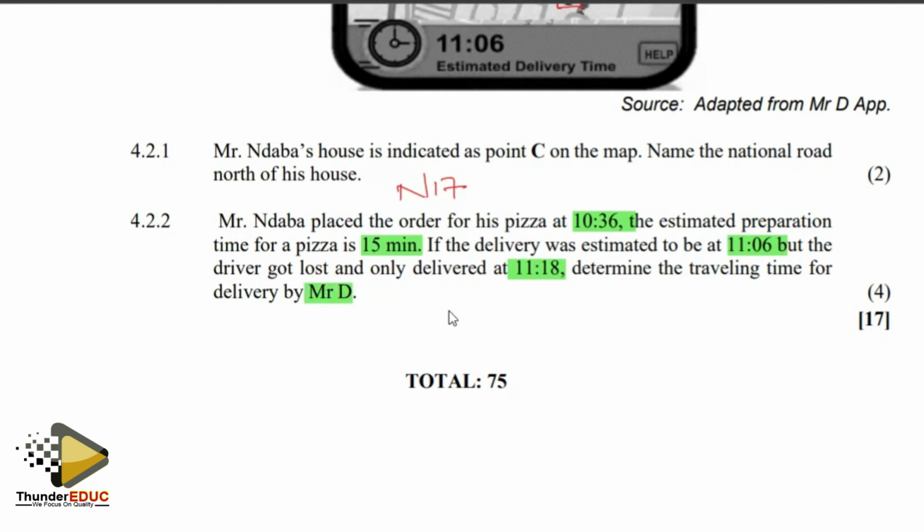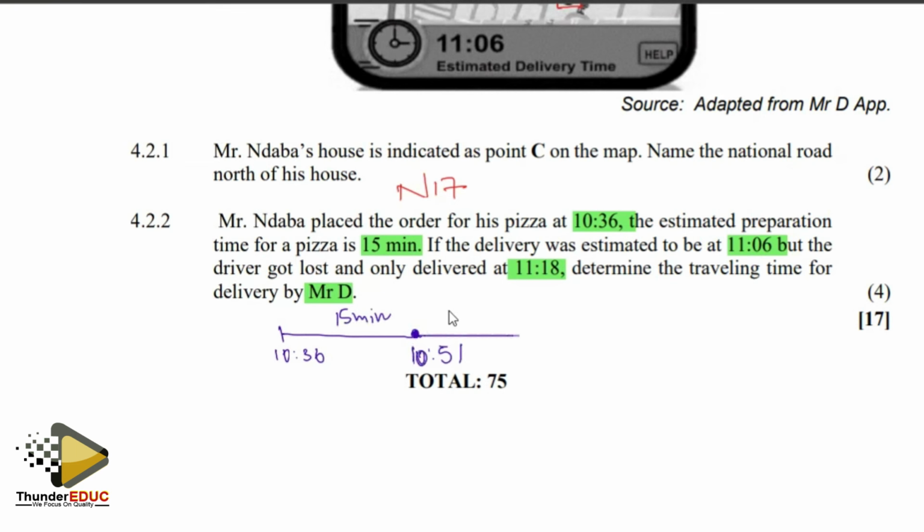Now here, I advise people to draw a certain line here. This is at 10:36. It's supposed to be ready, picked up after 15 minutes. What time will it be? After 15 minutes, I believe it would be 10:51?